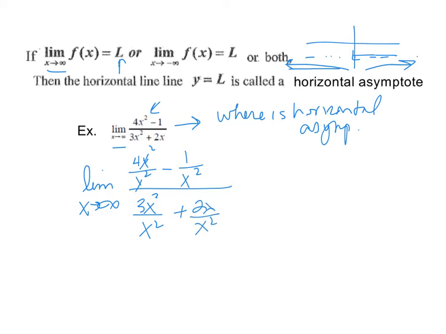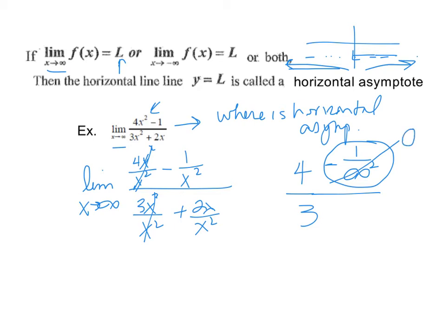You can see that the x squared are going to cancel, and so you would have a 4 and a 3 down here, and then this would be 1 over infinity squared. Well, anything that looks like this is going to go to 0 eventually, right? Because your 1 over infinity squared is going to be infinitely small. And the same thing here, I would have 2 over infinity, which is also going to go to 0.